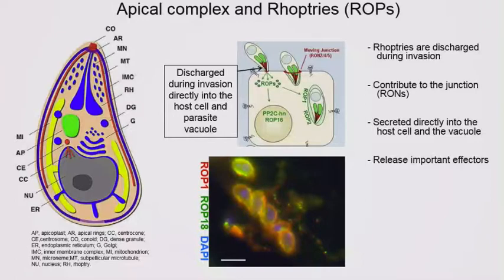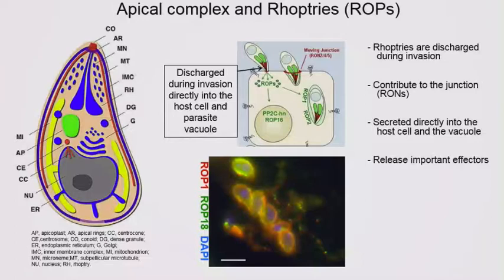So a lot of these proteins then either are important for this moving junction and other aspects of the active invasion process, or traffic to the vacuole and help to give integrity to that vacuole. And so you can see this here where we've labeled intracellular parasites with a couple antibodies, either to ROP1 or ROP18, and doubly stained here, red and green, yellow, with DAPI as the nuclear staining of the parasite.